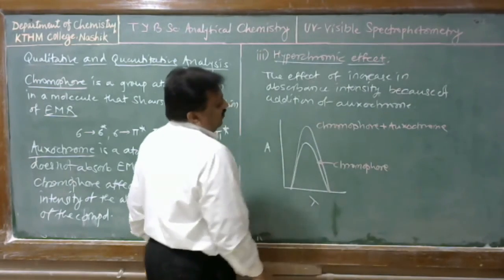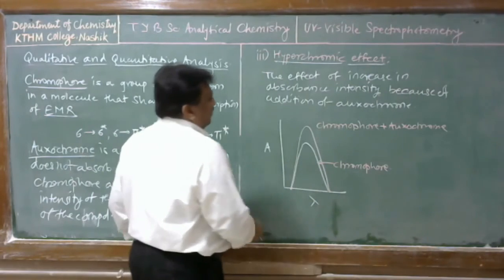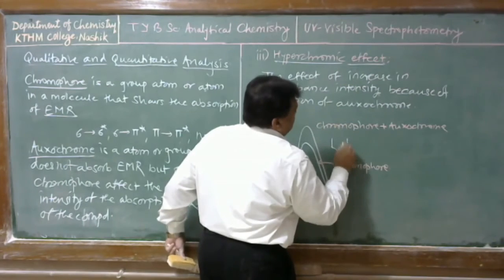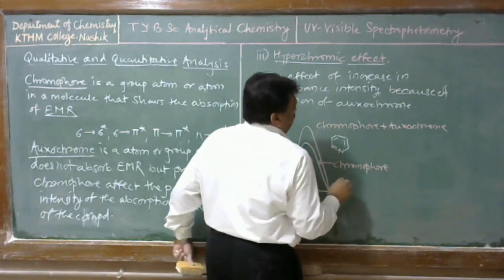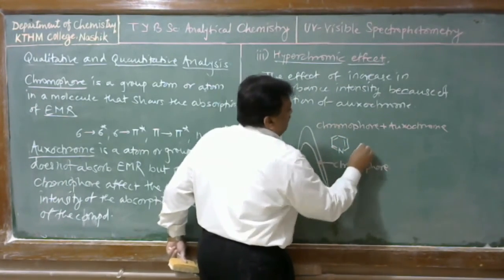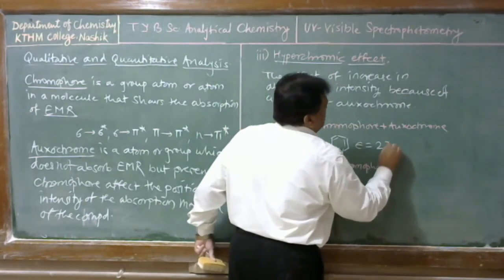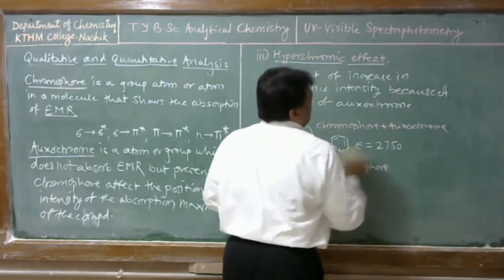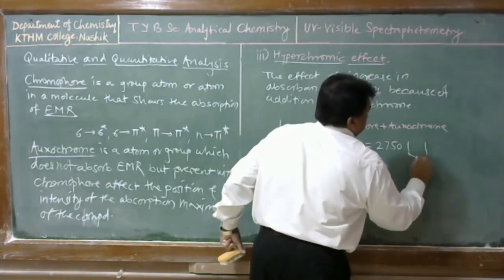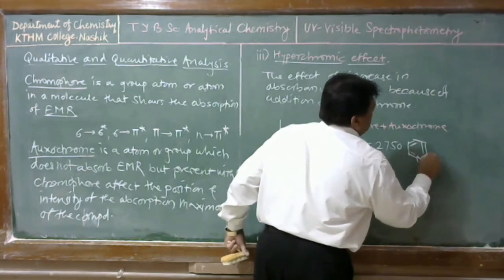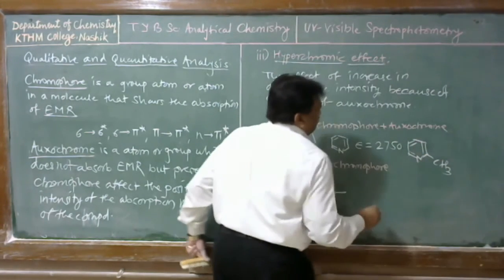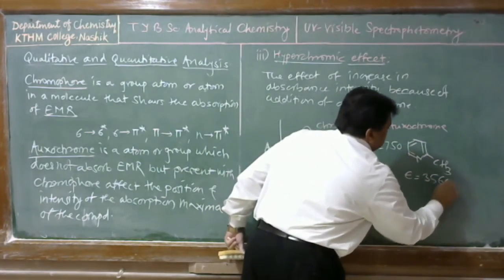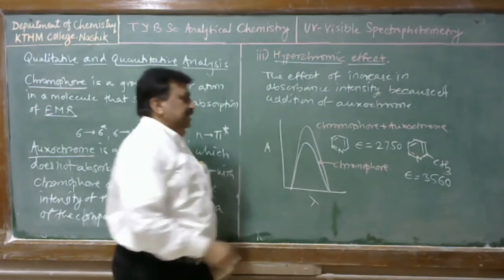This type of effect is observed when this compound is called pyridine, and here it shows lambda max absolute value equal to 2750, but 2-methylpyridine, that is like this, shows an absorption maxima at 3560 per liter per mole per centimeter.